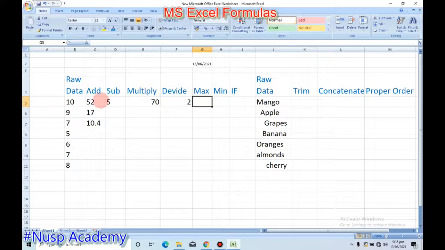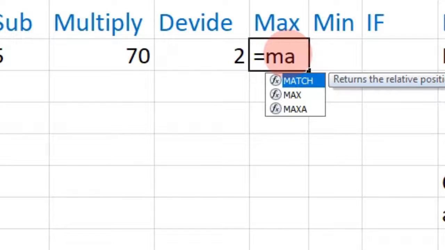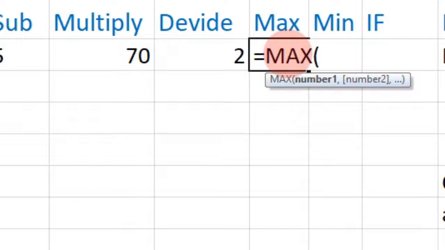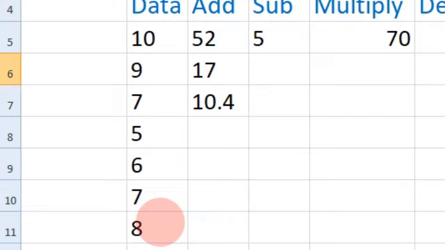If we want to find out the maximum number and the minimum number, the greatest number and the smallest number, we have formulas equal to max. Now select the series, parentheses and enter. We have the greatest number of 10. 10 is the greatest number in this series.